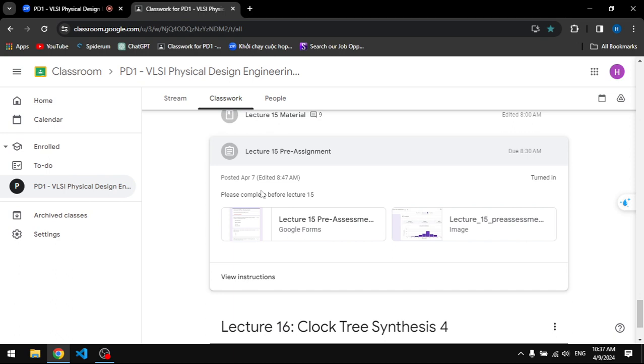So it only added 2 buffers to balance the skew. Either that, or our target is not tight enough to challenge the tool for the type of design and the floor plan that we have. So it added only 2 to improve the clock skew.